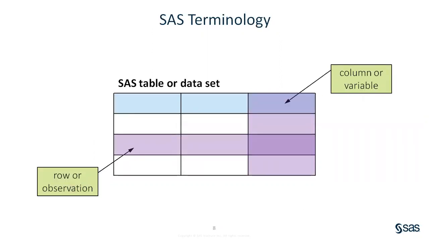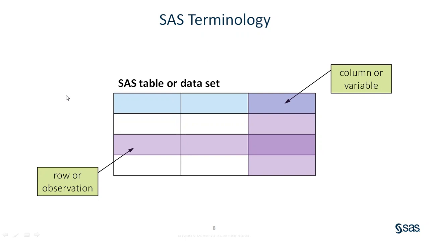A SAS table or SAS data set, as we know, consists of tables and columns. But as I explained, a table in SAS is always termed a SAS data set, whereas a column is termed a variable and rows are termed observations. So whenever I ask how many observations we have, you should understand that I'm talking about rows.